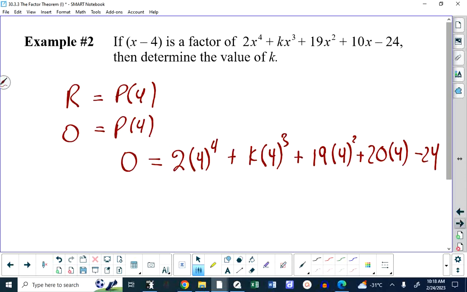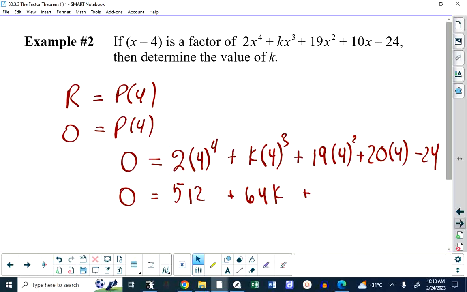We got a lot of numbers to crunch here. I'm going to want some help here from you with your calculators. I believe this is 512. This is 64k. This is 80. And this is 24.